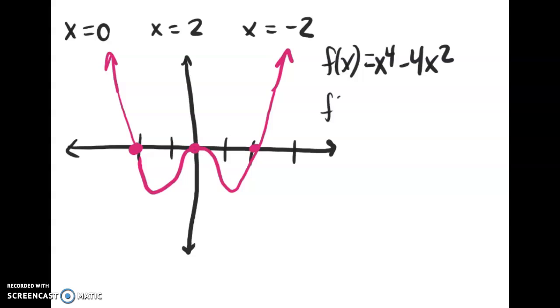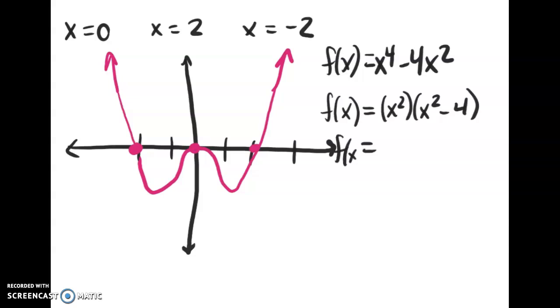If I wrote this in factored form, I had x squared times x squared minus 4. But I could factor this further: x squared, I don't really need the parentheses here, and then factoring this difference of squares, I could write it like this. So we can see our zeros when you set each of these equal to 0.